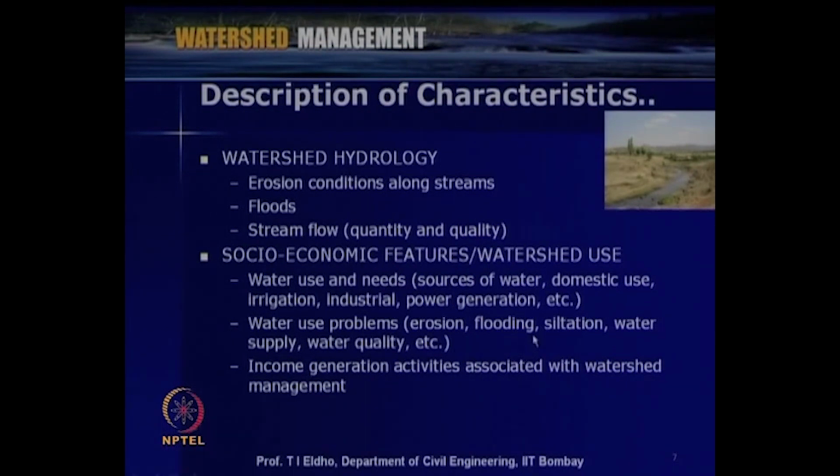As we discussed earlier, in any watershed management program, the economic status of the people and the income generation facilities available within the watershed, whether through agricultural activities, mining activities or whatever kind of activities are possible, is also an important characteristic which we have to consider when we go for watershed management or watershed modeling.